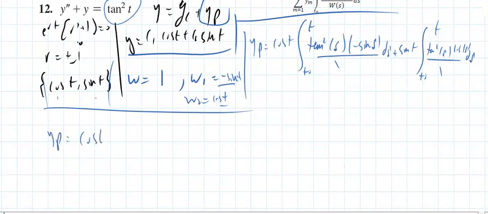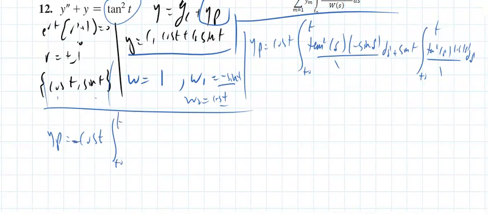it's going to be the cosine of t times the integral from t naught to t of negative tan squared and sine. Well, let's see. Tangent squared is sine over cosine, isn't it?